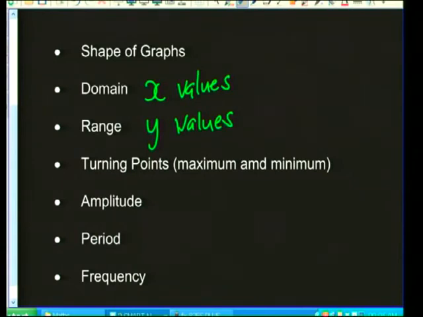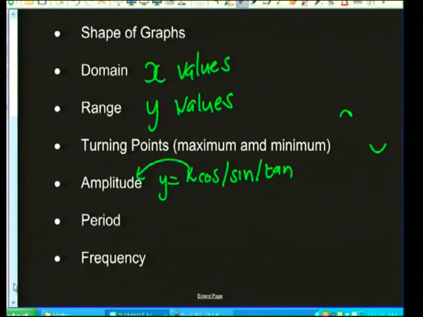Your turning points. Remember your turning points, you have the one at the top, so that's your maximum, and the one at the bottom, that's your minimum. Now that's only for your cos and sine. Your amplitude. Your amplitude can be determined by this number in front. So it's a coefficient in front of the trig function. Your period.